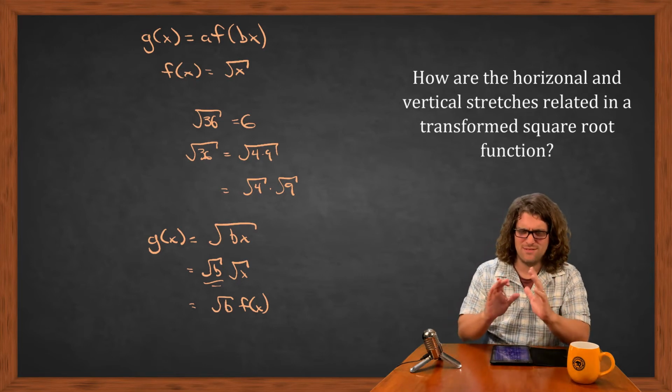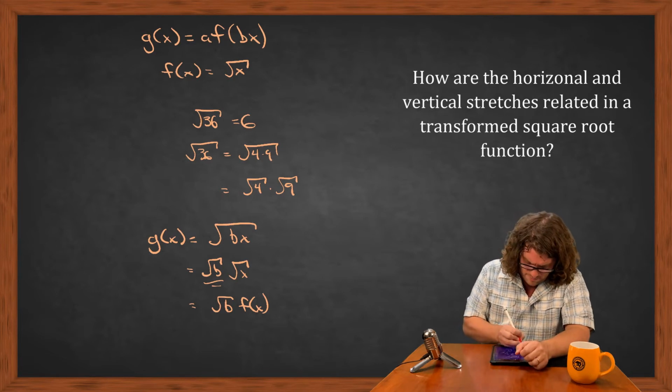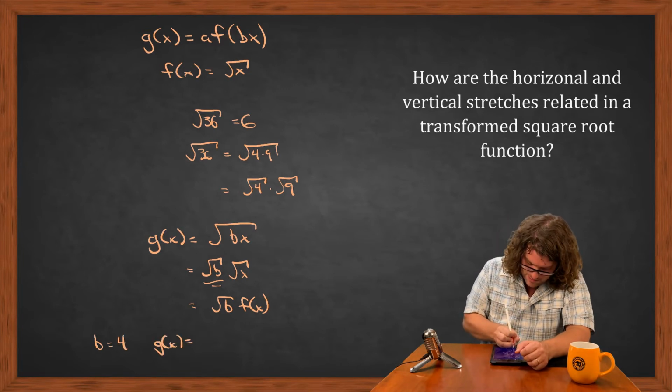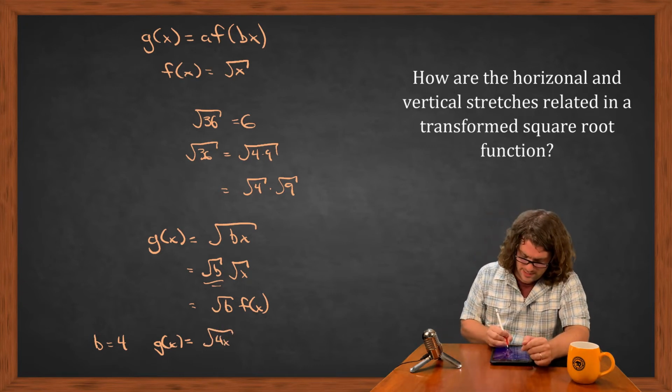So let's use a test number to show what I mean by that. If I were to have a function where my b value was actually 4, then I could say that g of x is equal to the square root of 4x. That's actually the exact same function as if I were to separate that root 4 from the root x, and we would end up with 2 root x.